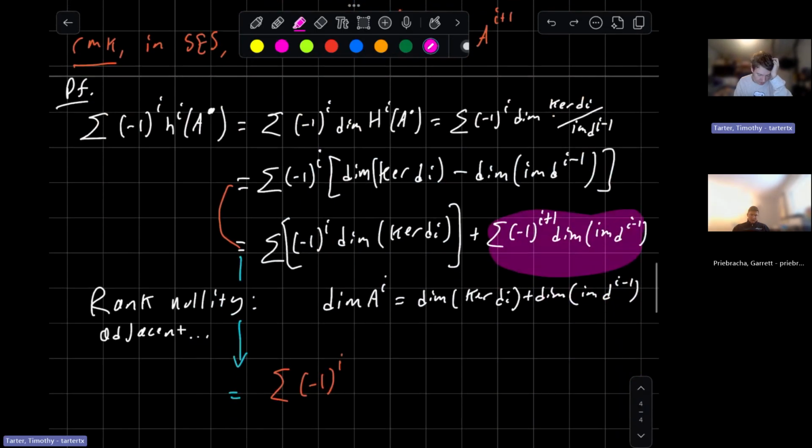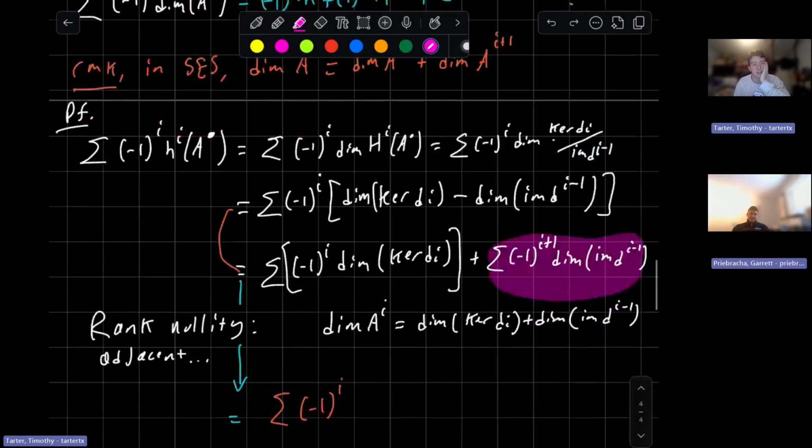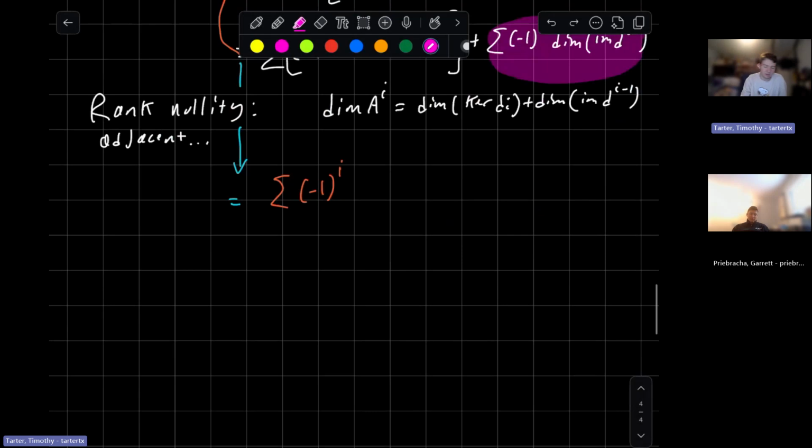Maybe it was meant to go in a forward direction. Maybe it was meant to start with the left-hand side and get to the right-hand side. Let's try that real quick.